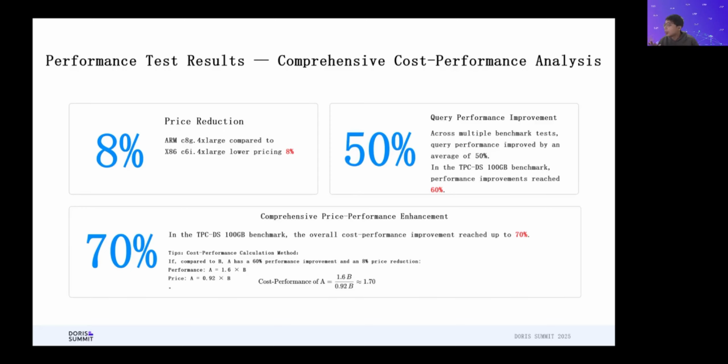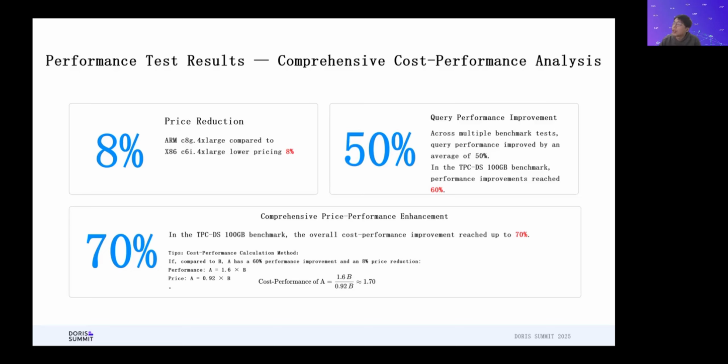So the cost performance of A is 1.6 divided by 0.92. This means the overall cost performance improvement of the ARM system in the TPC-DS benchmark is up to 70%. It's a huge win for enterprises. It allows them to get more analytical power while spending less.